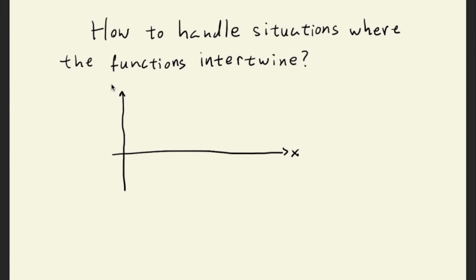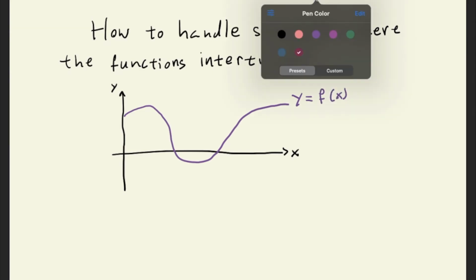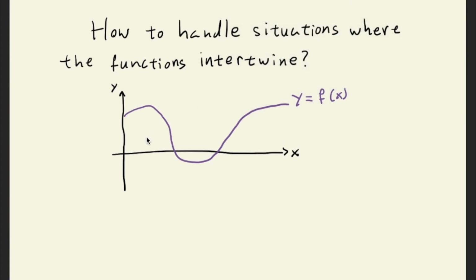x, y. And then you have a function on top, this. So say that this is y equals f of x. And then you have a function in the bottom. Let me use green. Okay, so say that this is y equals g of x.